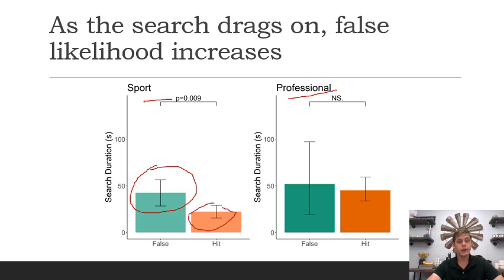So the dogs would quickly go find the target odor and alert if they could find it. If they couldn't find it, they would keep searching, keep searching, and then later in that session is when the false alert would occur. So perhaps as the search drags on, false alert likelihood increases because the dogs are identifying that they don't see anything here, so they may as well try and alert to something to see if they can get the reward.